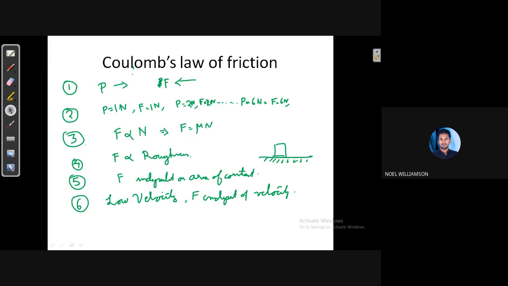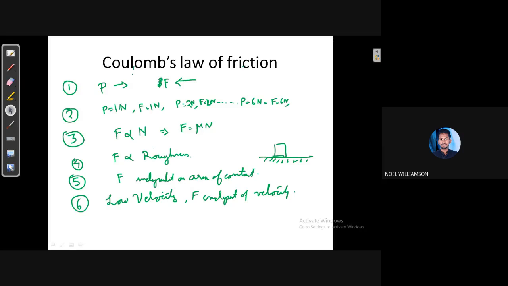Third is, the magnitude of the limiting friction bears a constant ratio to the normal reaction between the two contact surfaces. Then fourth, the force of friction depends on the roughness of the surface in contact. Fifth, the force of friction is independent of the area of contact between the two surfaces. And sixth one, for low velocities, the frictional force is independent of the magnitude of velocity.